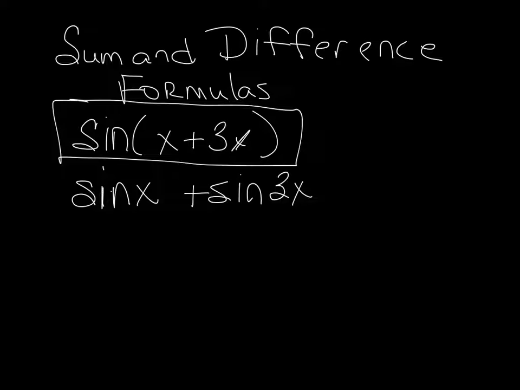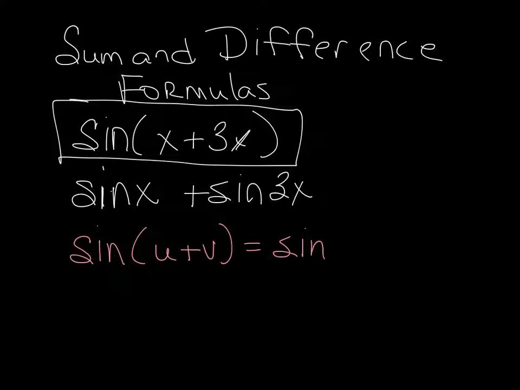For the sine, and I believe your book uses u plus v, the formula is the sine of u times the cosine of v plus the cosine of u sine of v.